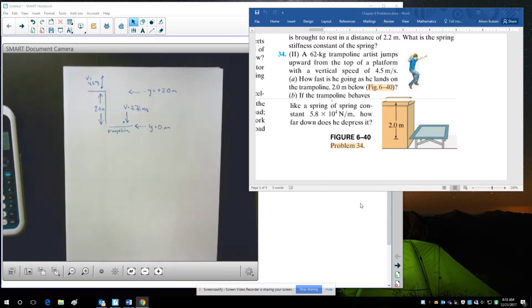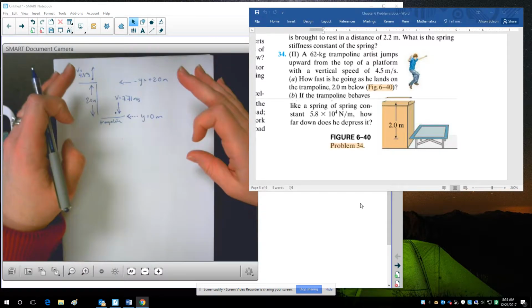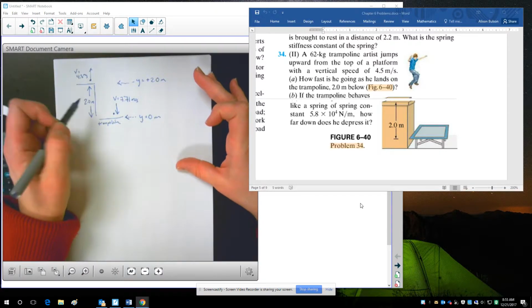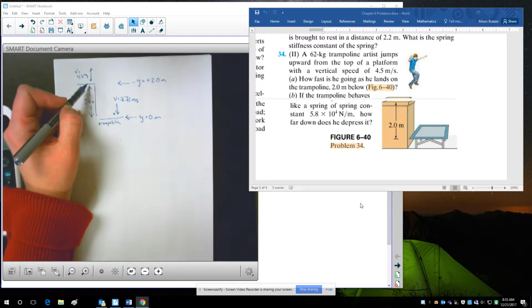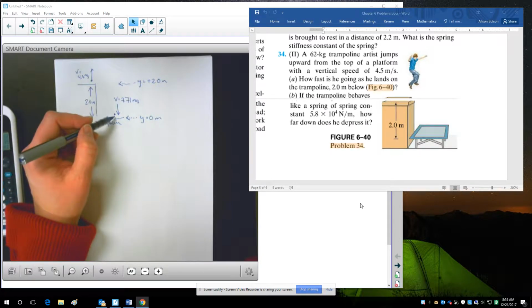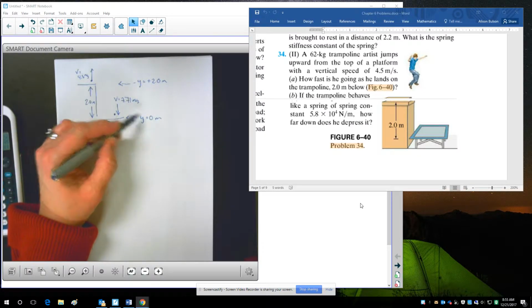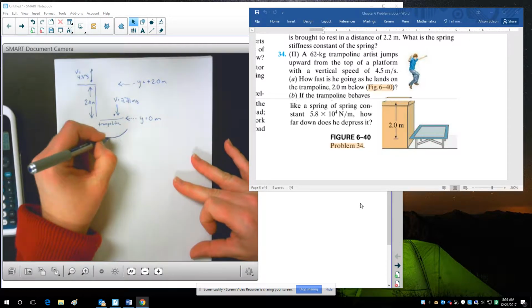Okay, so now we want to know how far does he depress the spring. So I've got all this different information about mechanical energy at points above the trampoline, where it's a combination of spring potential and kinetic, a combination of gravitational potential and kinetic here, all kinetic here if I have my y equals 0 here. So now I want to consider what happens as the trampoline sort of depresses.